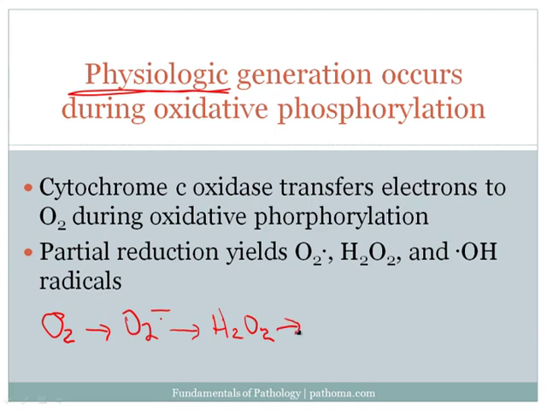If it accepts 3 electrons, it becomes hydroxyl ion. And if it accepts 4 electrons, it becomes water. And so when I say that physiologic generation of free radicals occurs during oxidative phosphorylation, obviously if there is a partial reduction of oxygen so that it only accepts 1, 2, or 3 electrons instead of the normal 4 electrons, that's going to result in the production of free radicals, and that does happen physiologically.